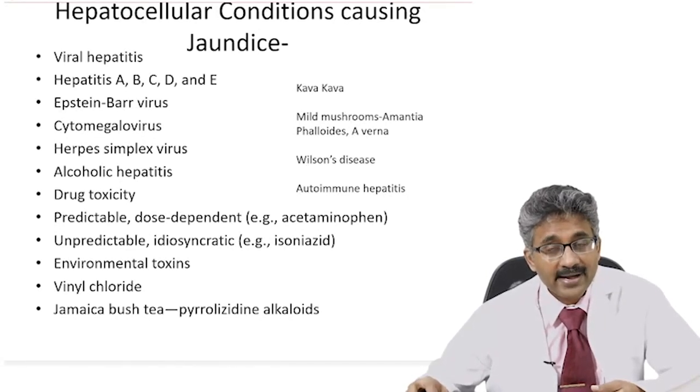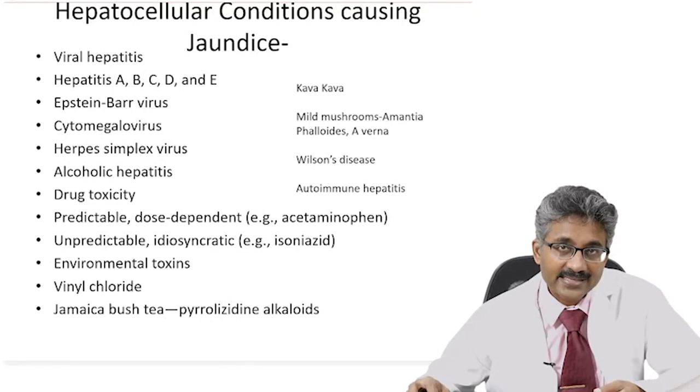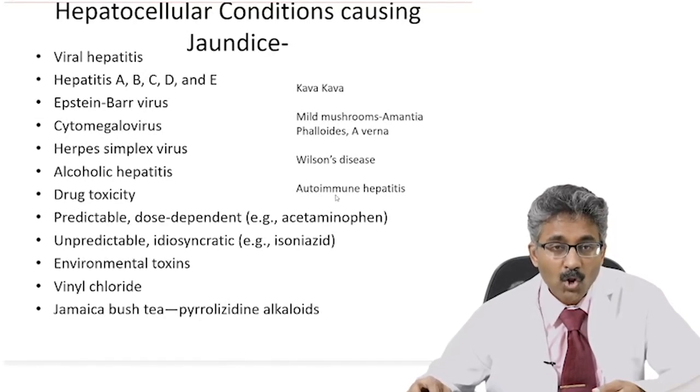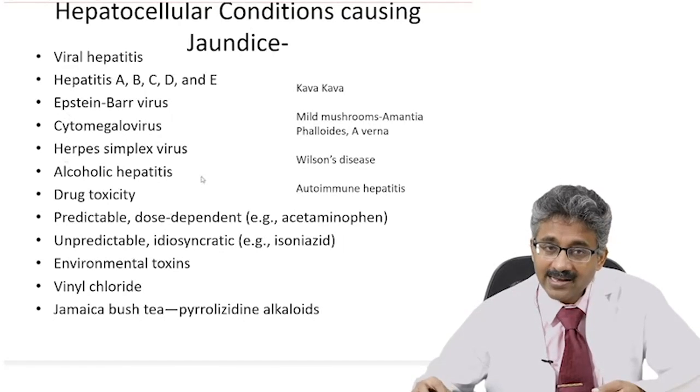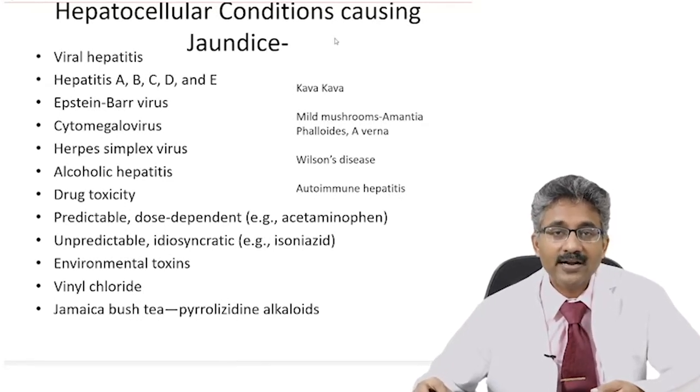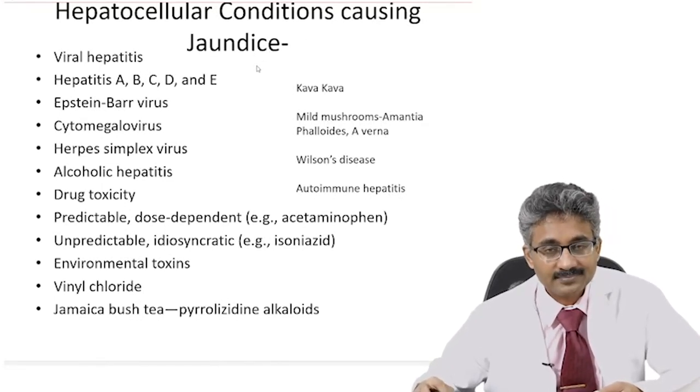Then autoimmune hepatitis in middle-aged females, where there is joint pain and involvement of the liver parenchyma. So students, mainly viral infection, drugs, toxins, Wilson disease and autoimmune hepatitis are the ones which produce hepatocellular jaundice.